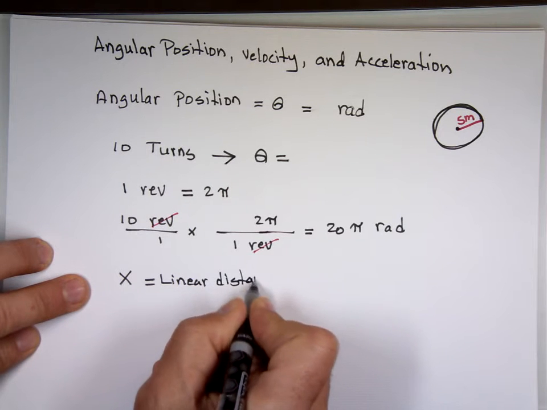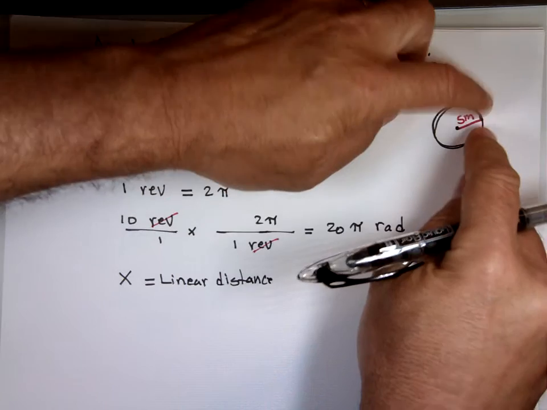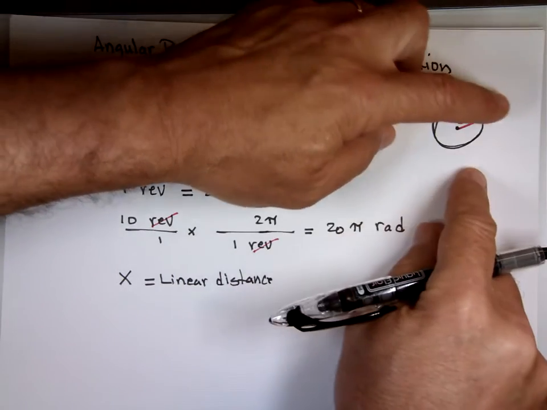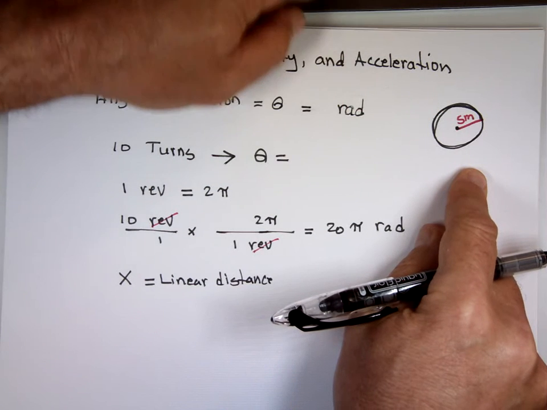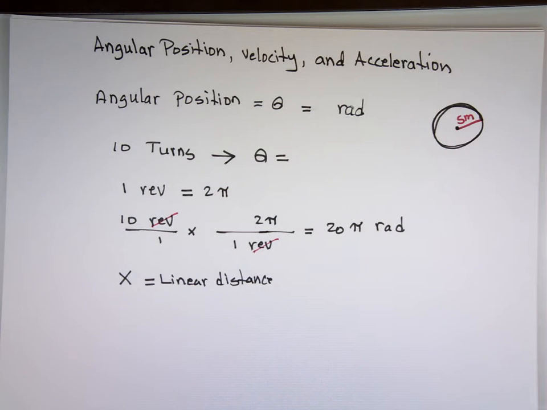Or another way of looking at it, if that was a tape attached to the wheel and it came loose, and as the wheel is turning, that tape is just sitting on the ground, can you measure the length of that distance? This will be a good example of it. This paper here, that's the wheel of that bike.